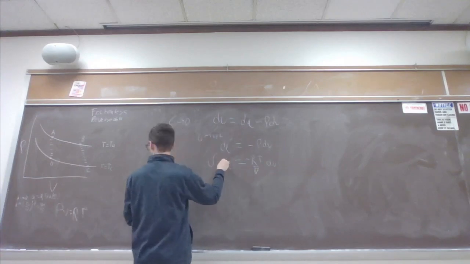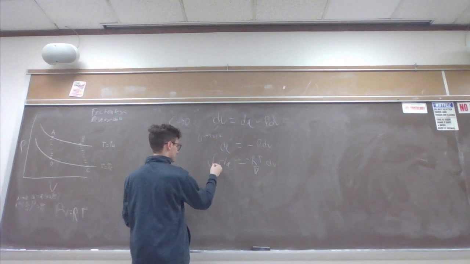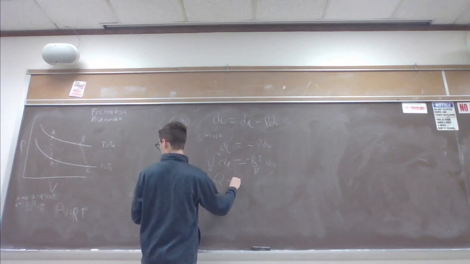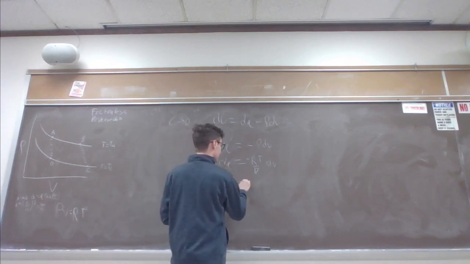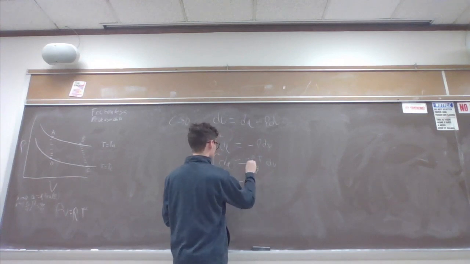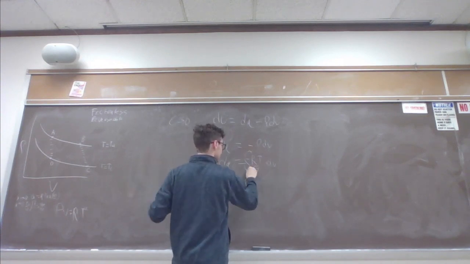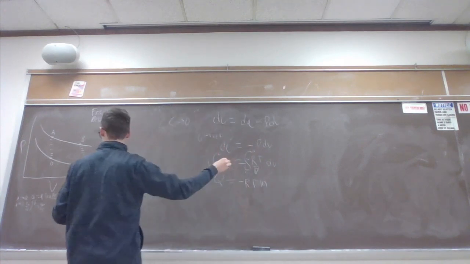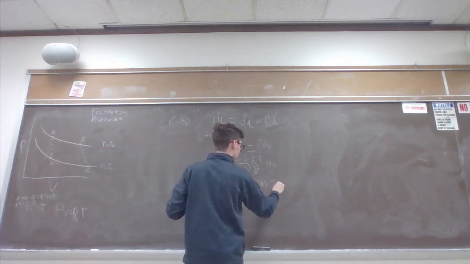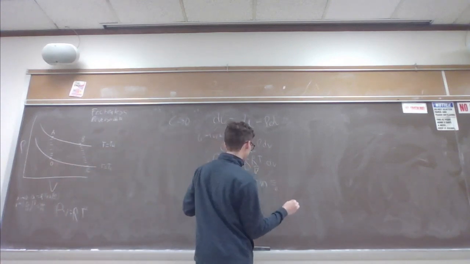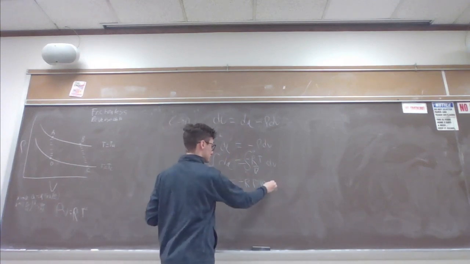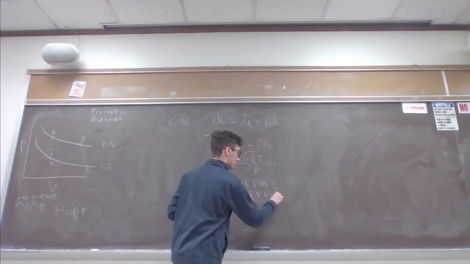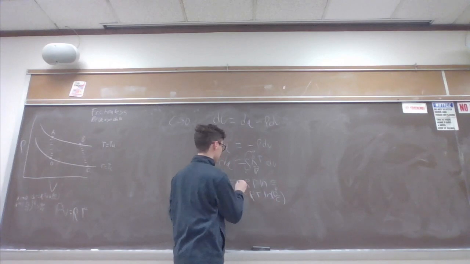Integrate, this would be from 0 to Q. So we would then have Q equals negative RT, going from C to D, to the ln of, so it would be C over D. But because we have a negative here, we can actually flip this. So it would equal RT ln of D over C, if we keep this negative.